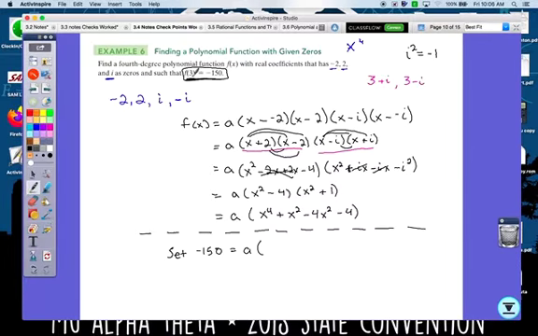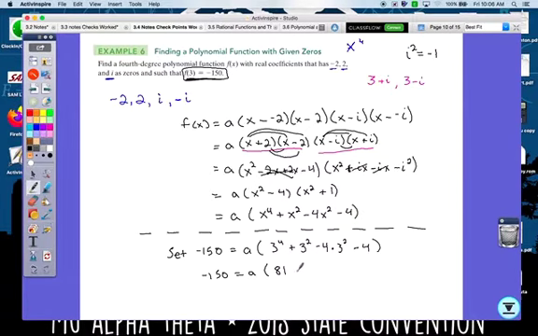Because it says when I plug a 3 in for x, I should get negative 150. So 3 to the 4th power plus 3 squared minus 4 times 3 squared. I guess I should have put those together and made it a little easier. Minus 4.